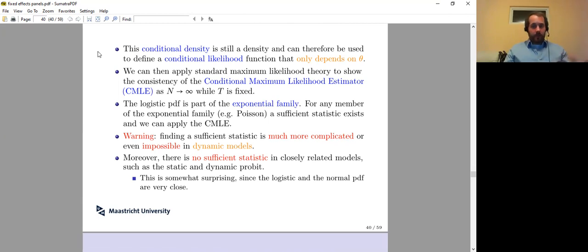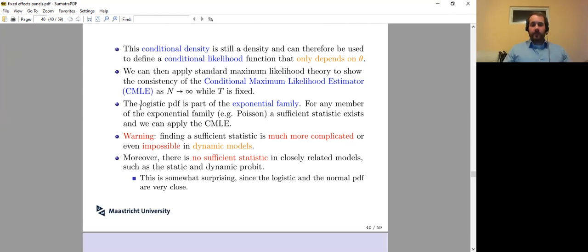And because we are back in the likelihood case that only depends on theta, the dimension of theta is fixed, does not increase with n, we can apply the standard maximum likelihood theory. The standard maximum likelihood theory applied to the conditional likelihood gives us the conditional maximum likelihood estimator. And this thing is again consistent no matter what value t has. So we completely circumvent the incidental parameters problem.